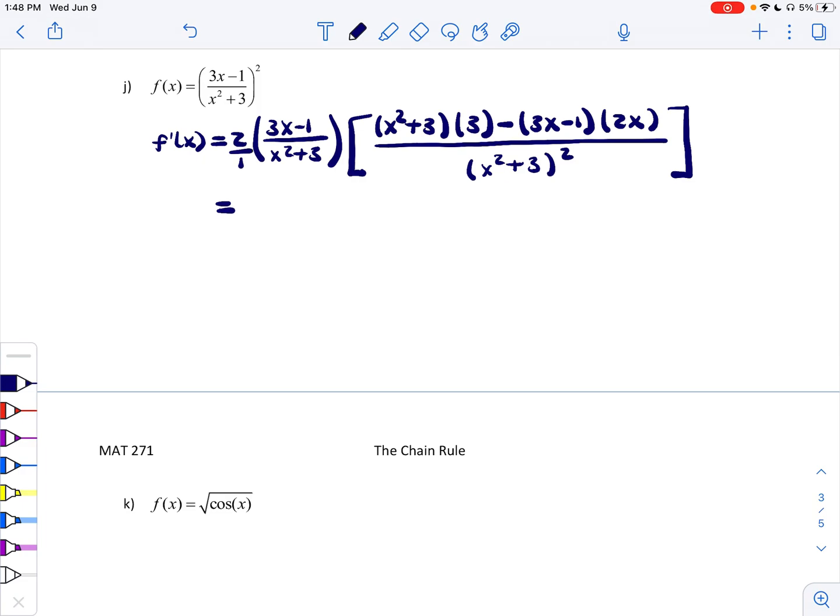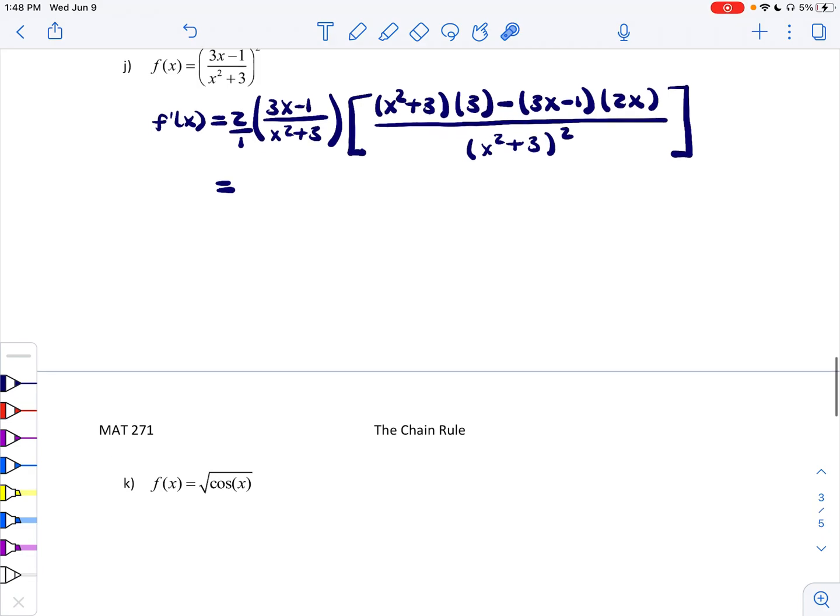So I don't want to have these 3 different fractions in here, so I'm just going to put them together. So we're going to have a 2 times a 3x minus 1, and then I'm going to go ahead and simplify this big numerator over here.